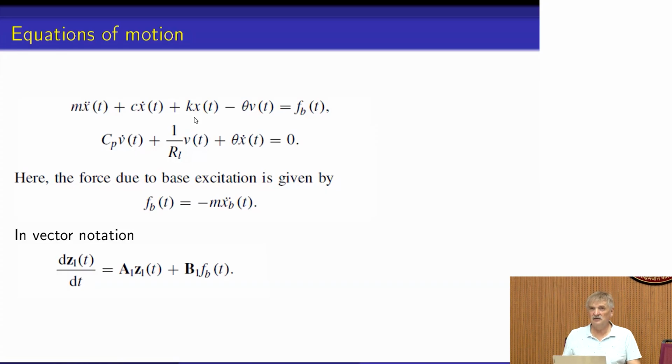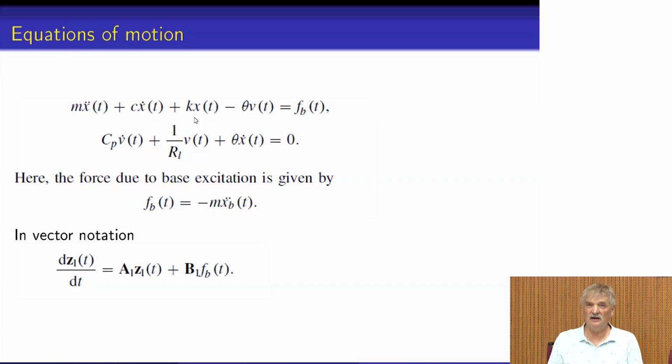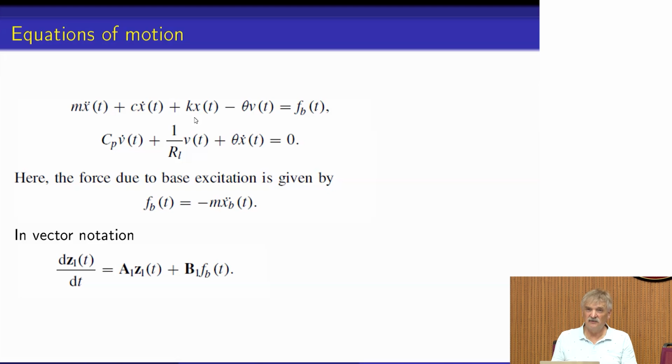In the upper two equations you have x double dot. So this was decoupled into two first order equations, and the second equation is for voltage v. So this is like a single equation. You have three variables, and these variables are just included in the vector notation.